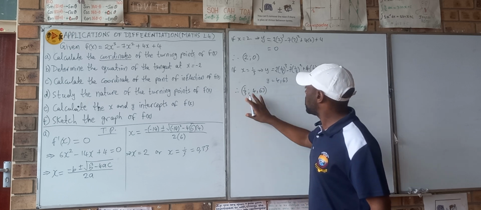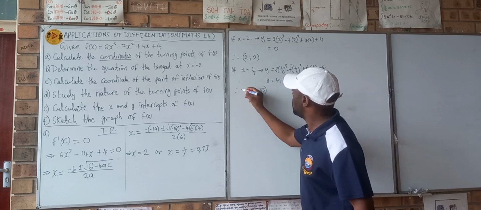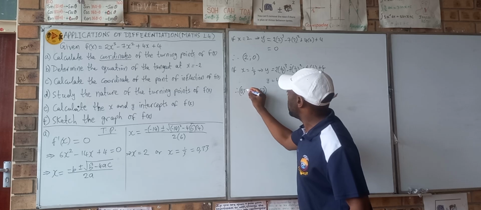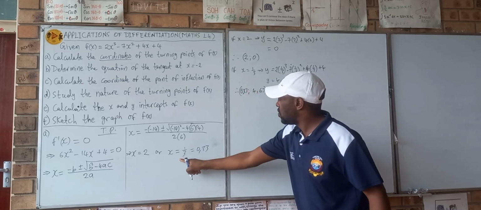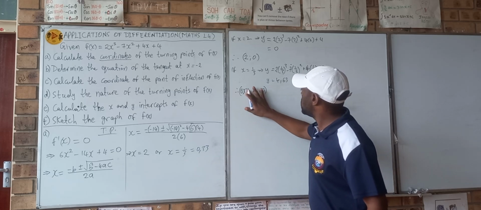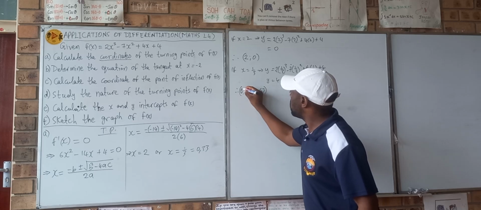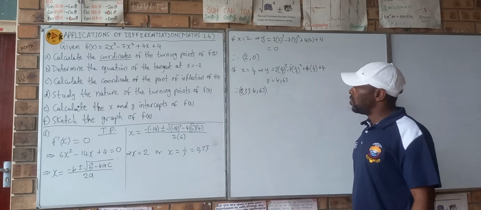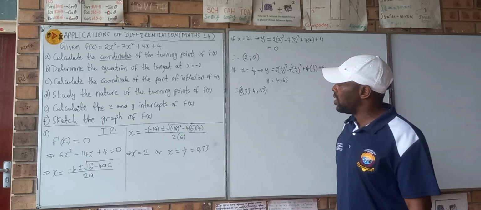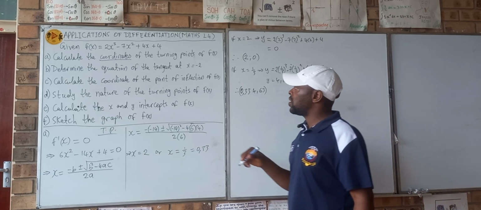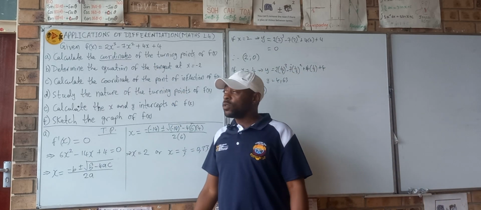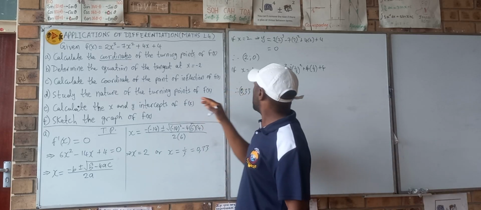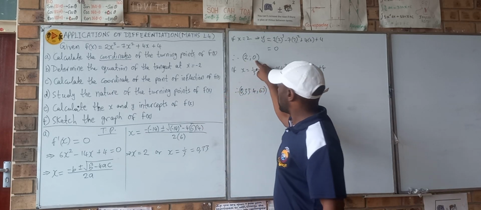So I think I'll prefer decimals for all of them. So I get 0,33 as we indicated, corresponding to 4,63. So those are my coordinates of the turning points, guys. So when they say calculate the coordinate of the turning point, you know that you must get the x and the corresponding y value.